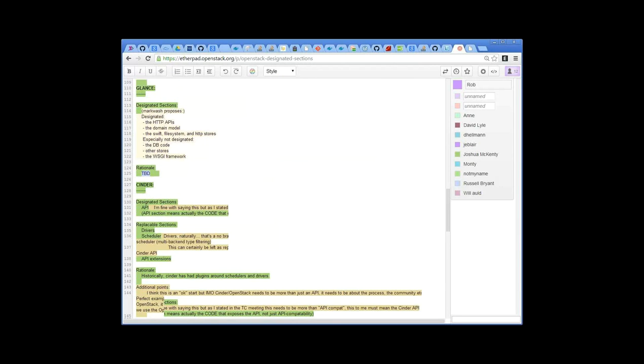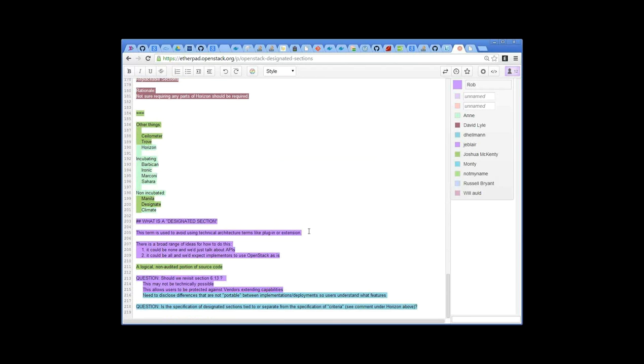So I want to make sure that we move through this to an extent, but also I want to try and be clear. What would help people understand designated sections from a definition perspective? I had two questions about that. One has to do with the level of detail, and I think that's been answered pretty well based on these examples. But the other one, at the bottom of the Etherpad, is about how tightly this is tied to the designation of which capabilities are going to be part of core.